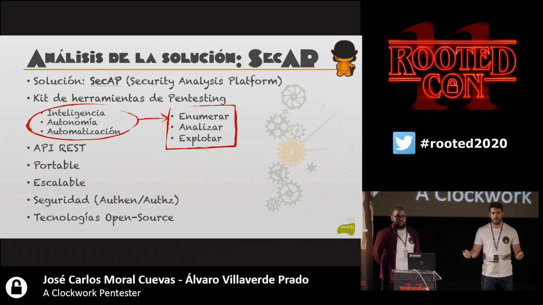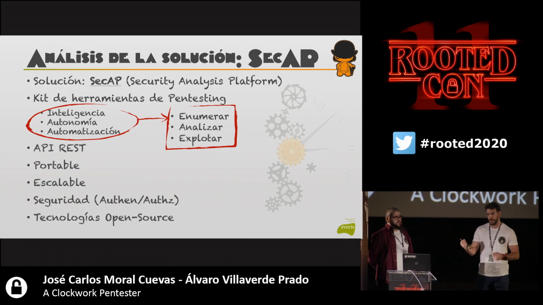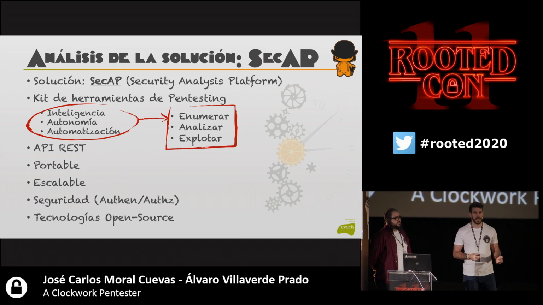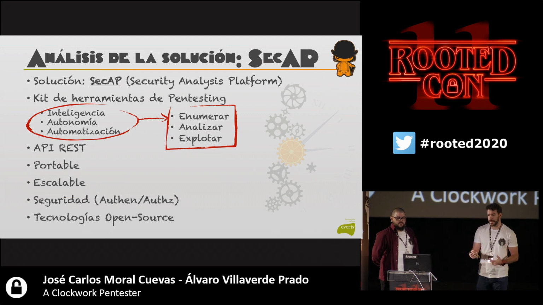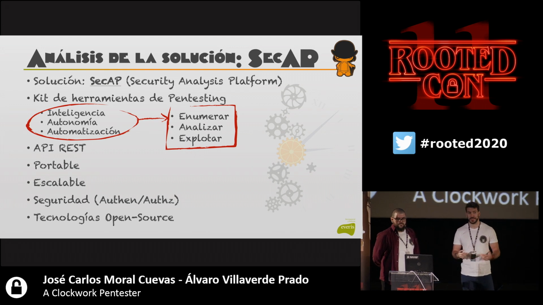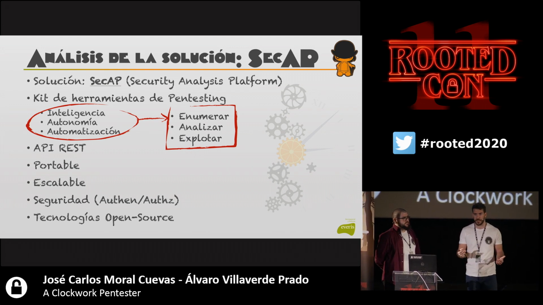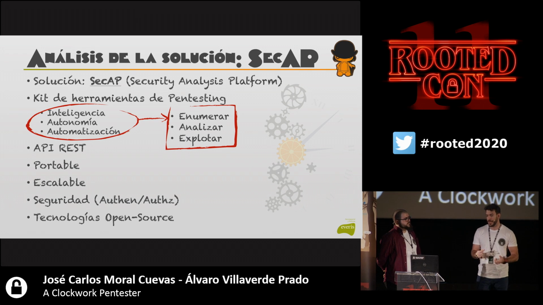We also wanted it to be portable, so that we do not have any problems when we take it from one client to another, whether it is Windows, OS X, or Linux. We also wanted it to be scalable, because we know there are new pen testing and analysis tools out there every day, or sometimes the tools change.